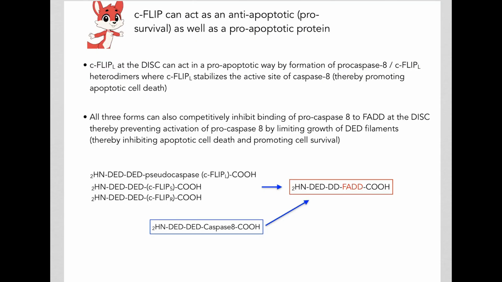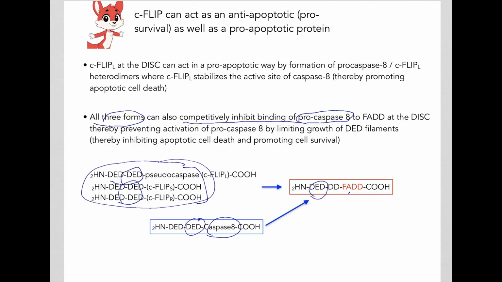Now any of the forms, all 3 forms, because all 3 forms have the DD domains, can also competitively inhibit binding of procaspase 8 to FADD. So caspase 8 binding to FADD is done through the DD domain, but because these forms also have DD domains, if we have high amounts of these forms, they will compete with caspase 8 for binding to FADD.